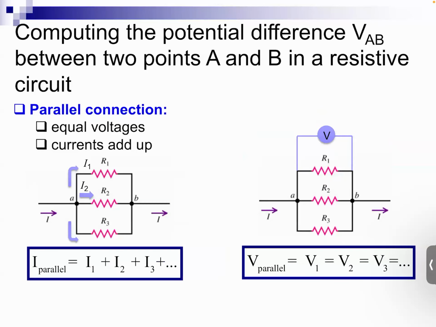So in a series connection, the voltages add up, but the currents are equal. And for parallel connections, because you have a junction where the current will divide, the current passing through each of the parallel resistors should add up to be equal to the current that went inside the parallel connection. So this is essentially I parallel. And this is also I parallel.